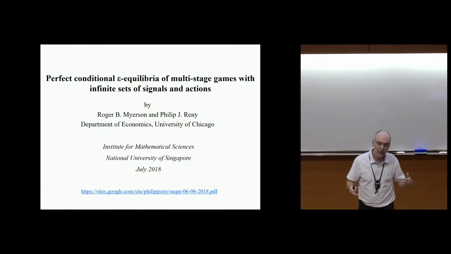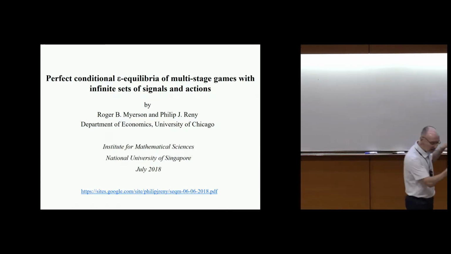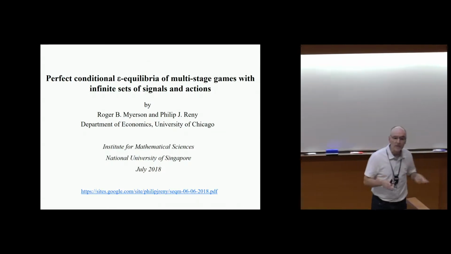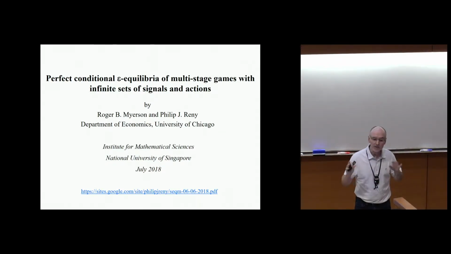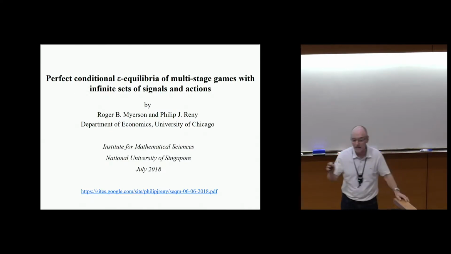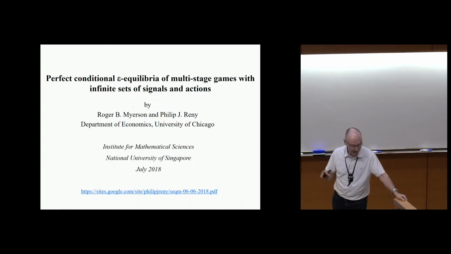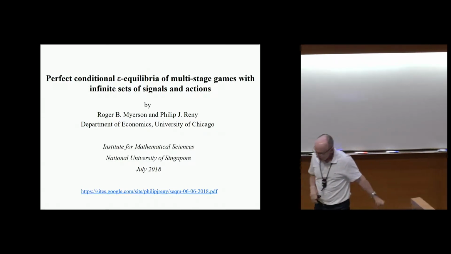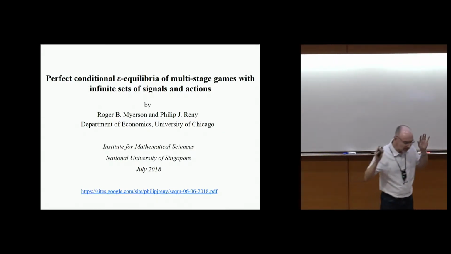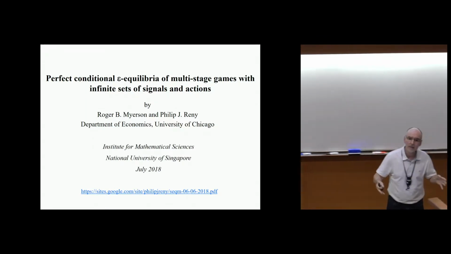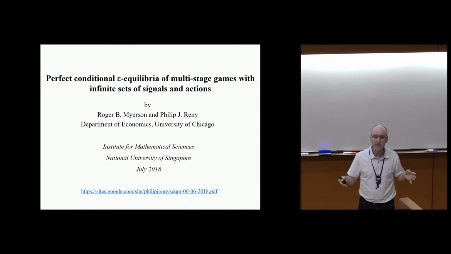And if there's time, there probably won't be, I can talk about one particular example that shows you that you get into trouble trying to approximate an infinite game with a finite game. So we abandoned that approach, which means we really have to deal with the infinite game directly.